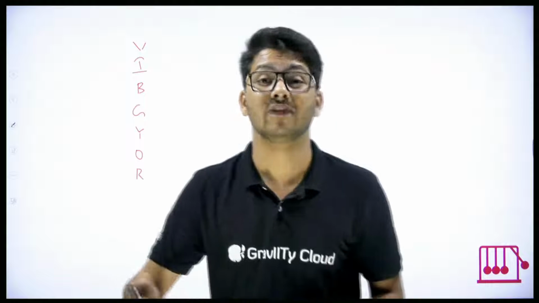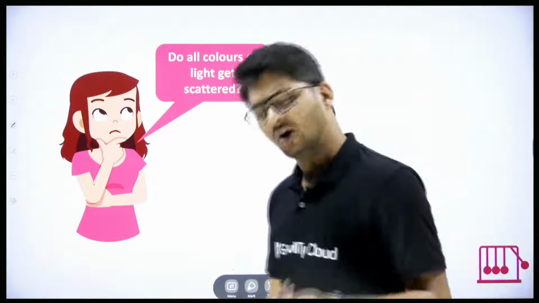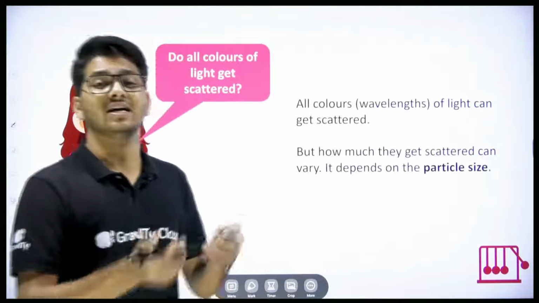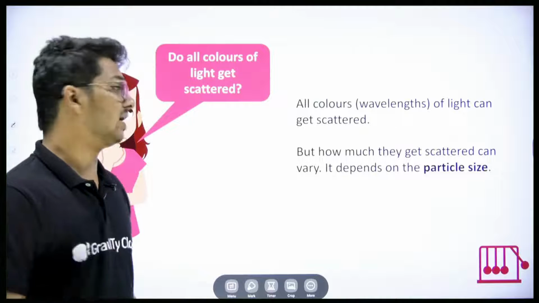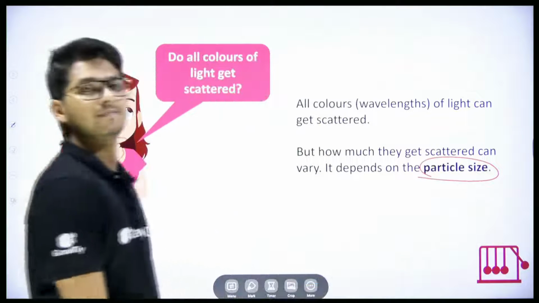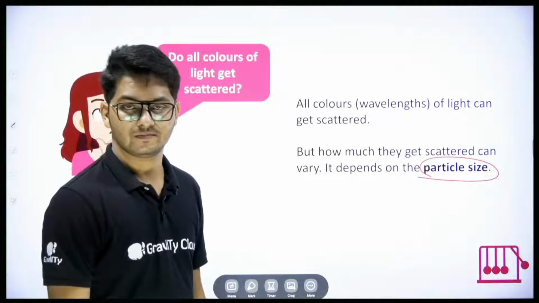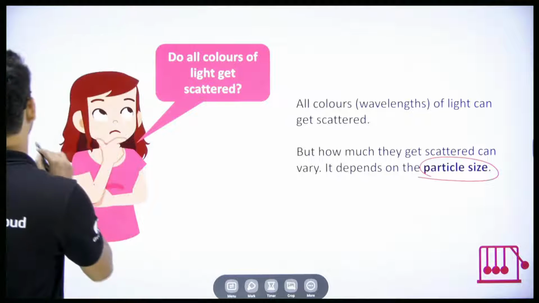It depends on the color of light also. The question, do all colors of light get scattered? All of them get scattered, but some get scattered more, some get scattered less. And it depends on what? It depends on the particle size. That's what you have to be careful about. Got it? Okay.